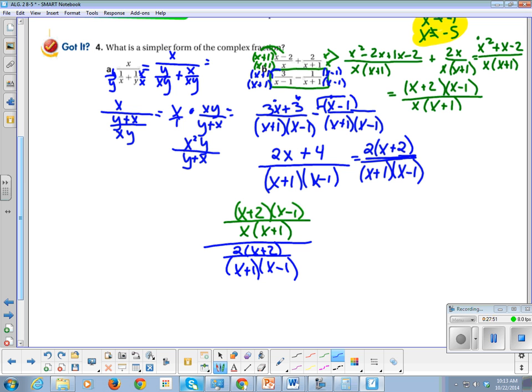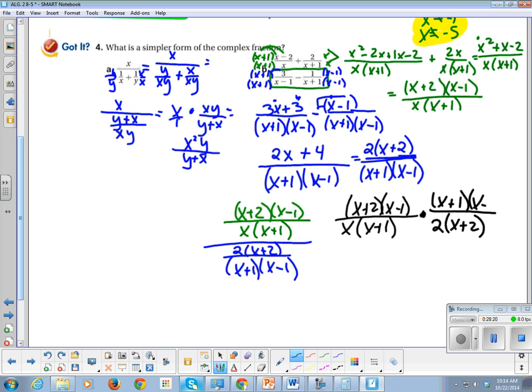And then I'm going to rewrite him because dividing by a fraction is the same as multiplying by the reciprocal. So I'm going to have my x plus 2, x minus 1 over x times x plus 1 times the reciprocal, which means I'll have 2 times x plus 2 on the bottom. And I'll have x plus 1, x minus 1.